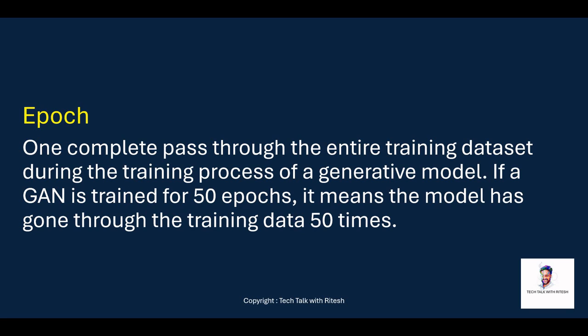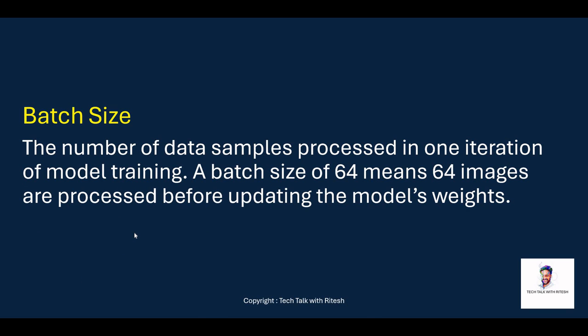If a GAN is trained for 50 epochs, it means the model has gone through the training data 50 times. Then batch size: the number of data samples processed in one iteration of model training. A batch size of 64 means 64 images are processed before updating the model's weights.